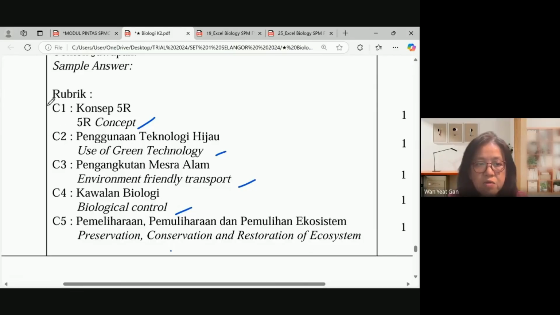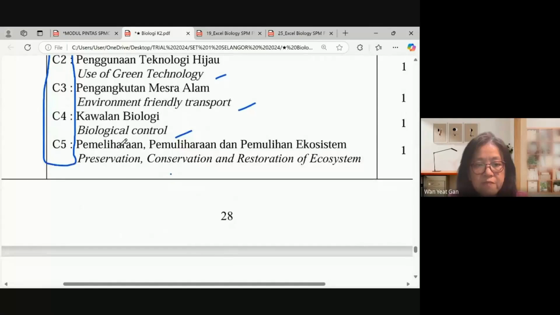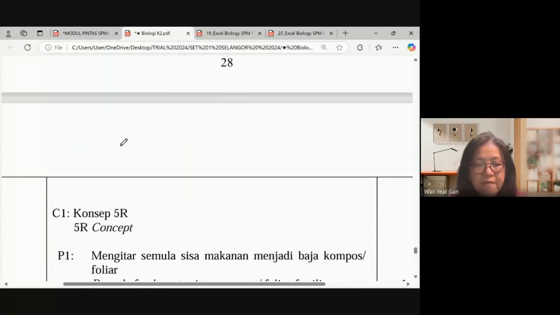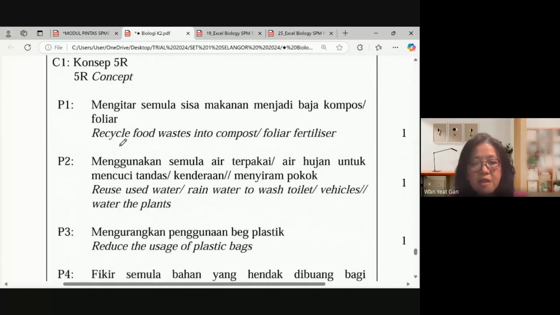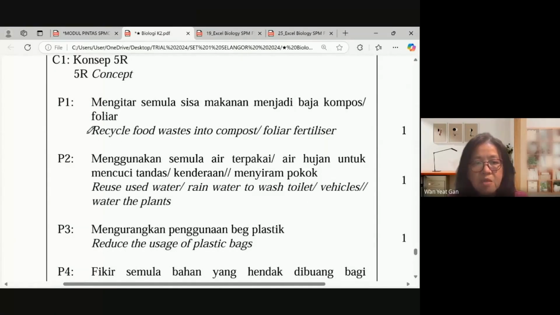Now, it's good that you remember the aspects or the areas in which this question will be answered. Okay, so the first one is 5R. 5R, of course, leads to sustainable environment. So there are so many aspects of 5R.